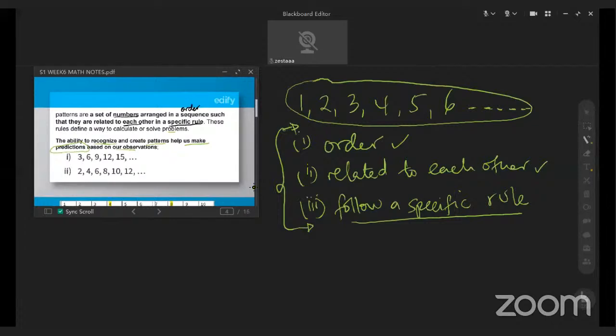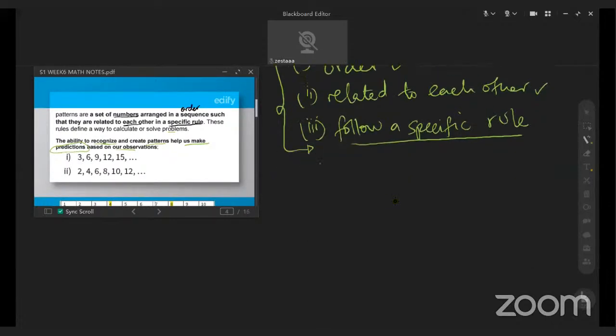Take an example: if you want to work in a meteorological center, where they monitor the climate and the weather changes, those people there use sequences and patterns to come up with a prediction of the next.